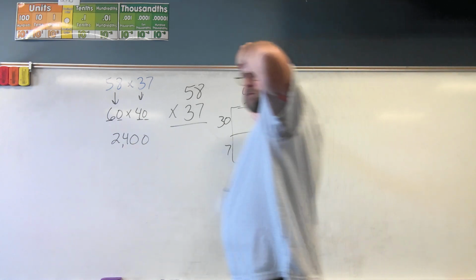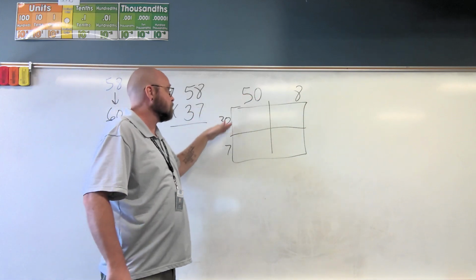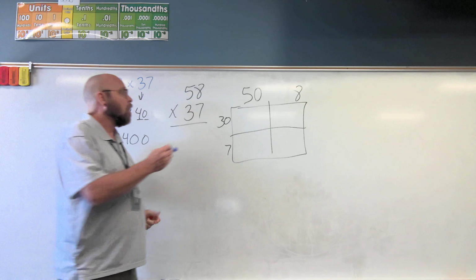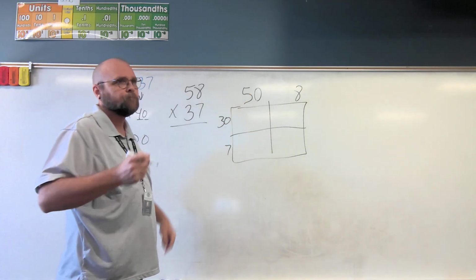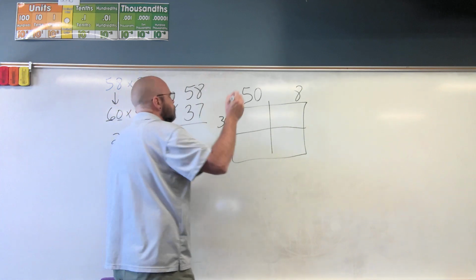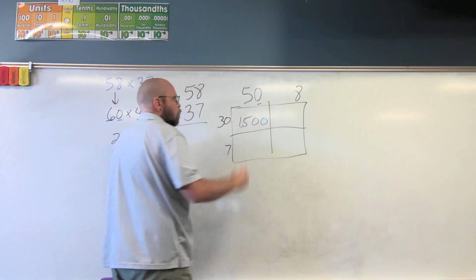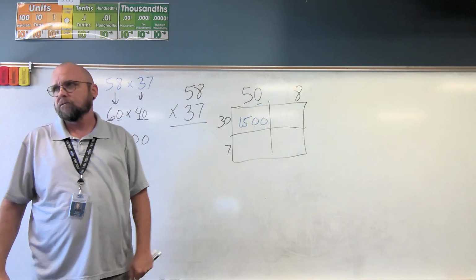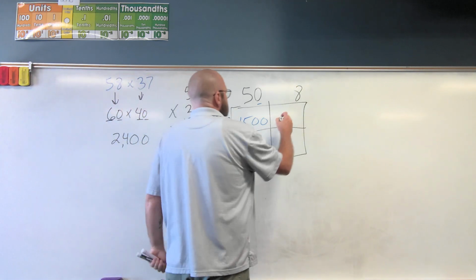The number talks help explain when we have these zeros at the end, the trailing zeros. All I need to know here is what is 5 times 3? Anybody? 15. Then I have these two trailing zeros. So 1,500. What's 3 times 8? Anybody? 24. And I have one zero.